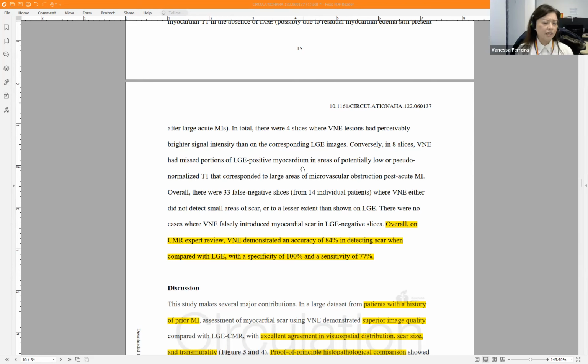And also with the late GAD image, sometimes the patient is tired by the end and has breathing artifacts, and the cine and T1s are acquired early in the scan. So the patient may still be quite fresh and be able to cope with that. And then the null time in late GAD can be problematic, but you don't have to deal with null time with native T1 maps. Yeah.